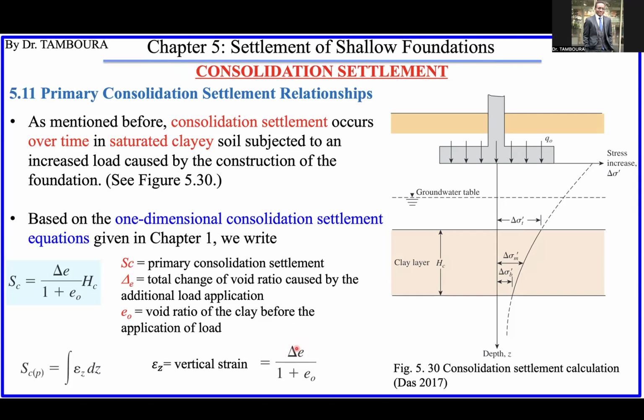The change in void ratio is related to the change in the thickness of the clay. So if you integrate this for all depths, you will get the total primary consolidation.